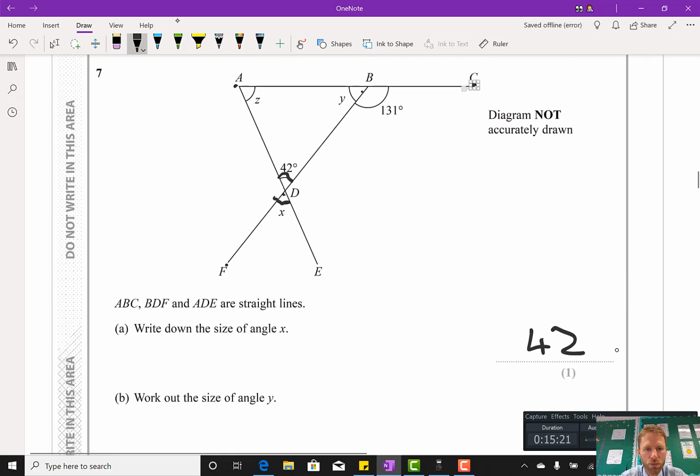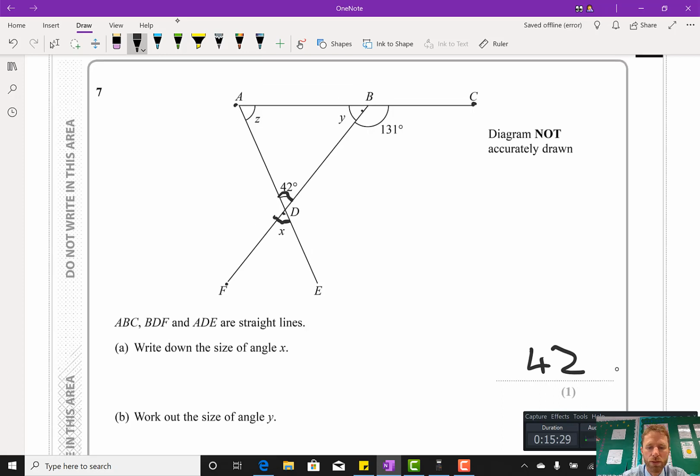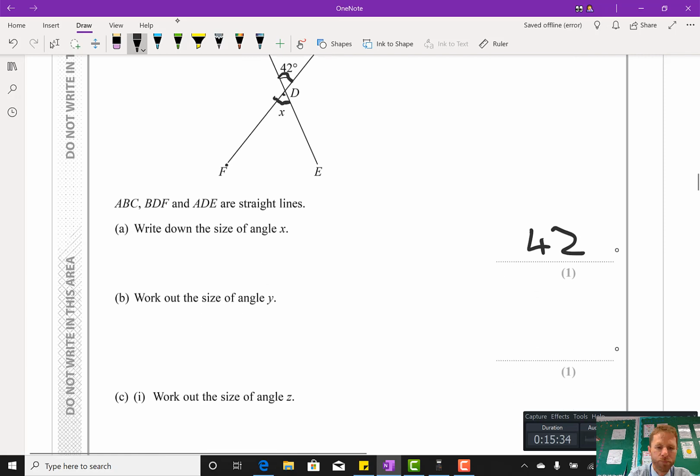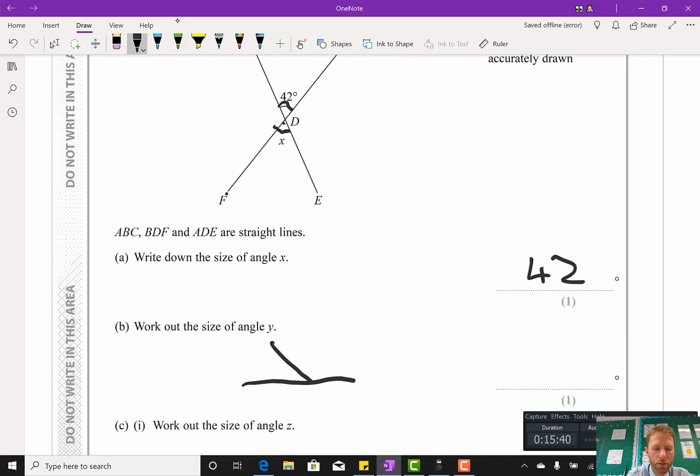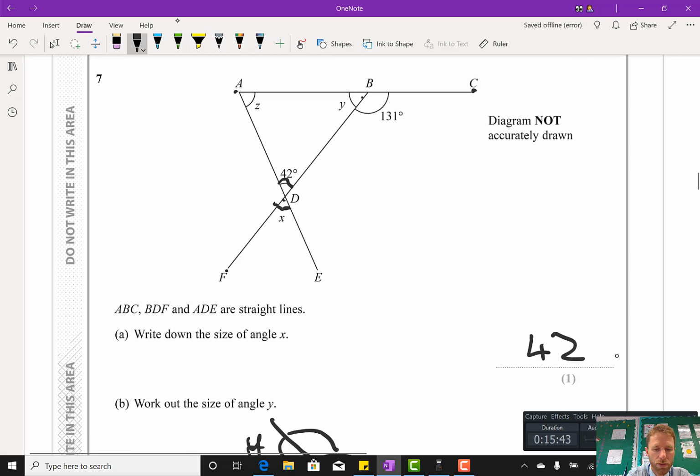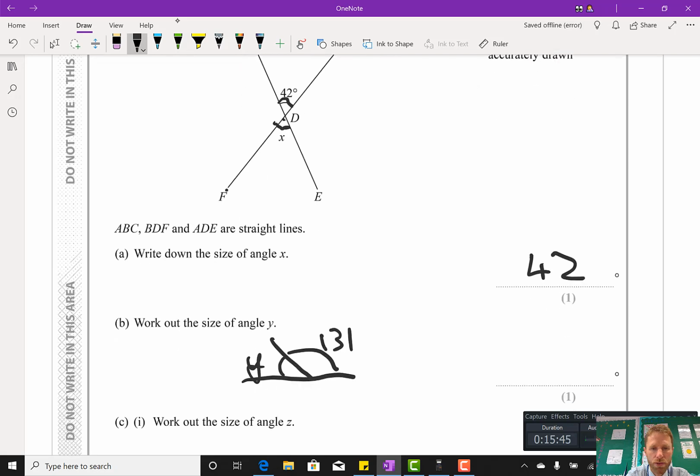Work out the size of angle Y. So this is going to take a little bit more knowledge. But it has already told me that ABC is a straight line. So it's no surprise that this is something to do with angles on a straight line. So what we can do is take that straight line, create angle Y here, and this side it has told us is 131 degrees.